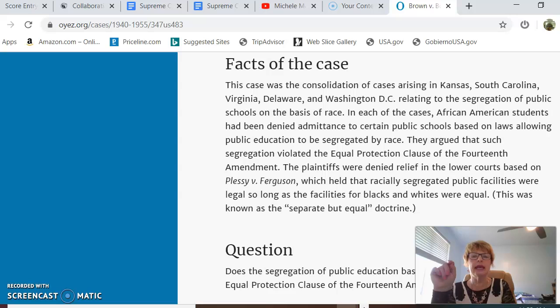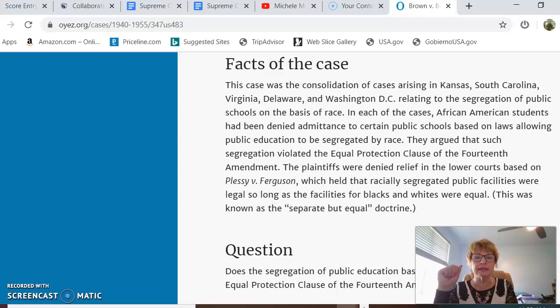So this case was a consolidation, or a putting all together, of 5 different cases. We call it Brown versus the Board because alphabetically, Brown was the first name. So they were in Kansas. There was one in South Carolina, one in Virginia, Delaware, and Washington, D.C. And up until this point in 1954, in Plessy v.